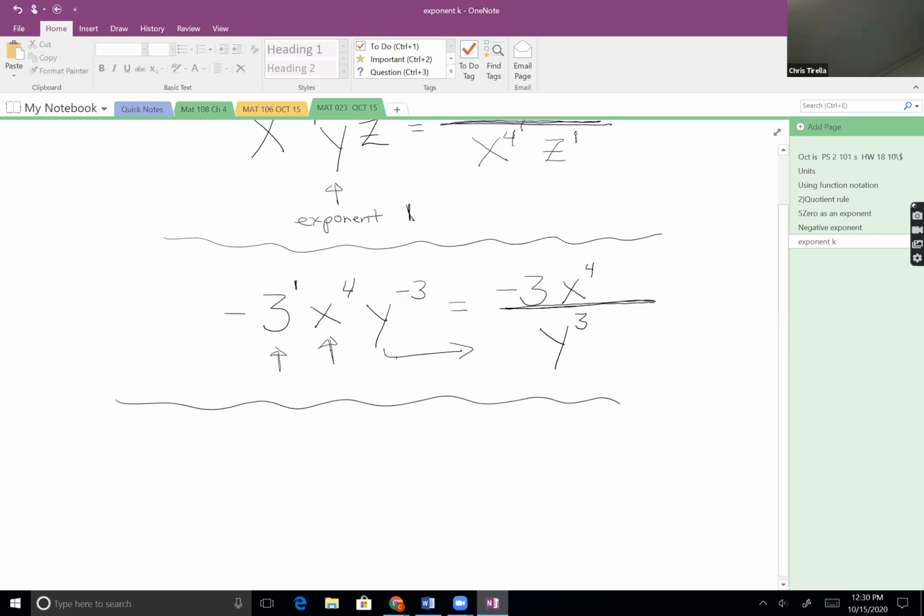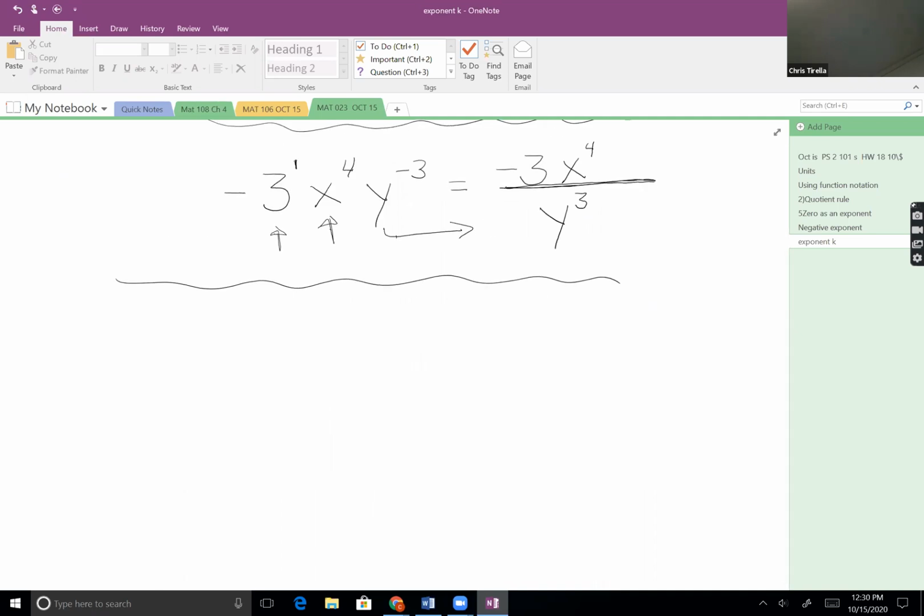But then the question arises, what happens if I have a negative exponent in the denominator? We're going to work this out the long way once, and then we'll try to summarize it with a shortcut theorem. I've got 2 over that x to the negative second means I've got a fraction, 1 over x to the second.